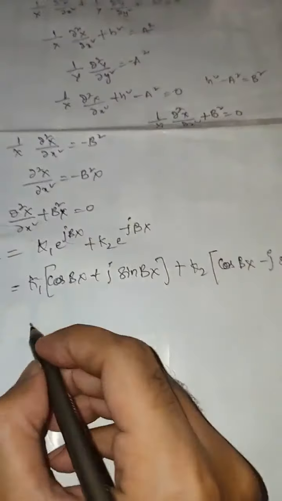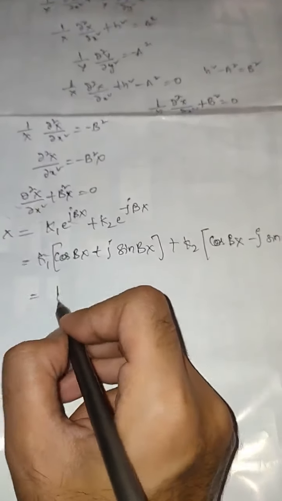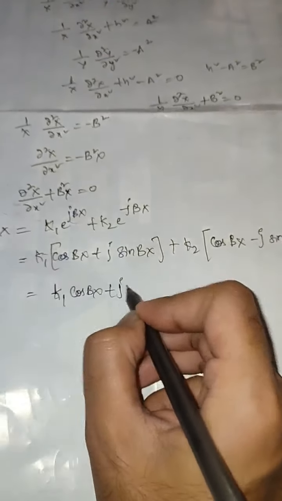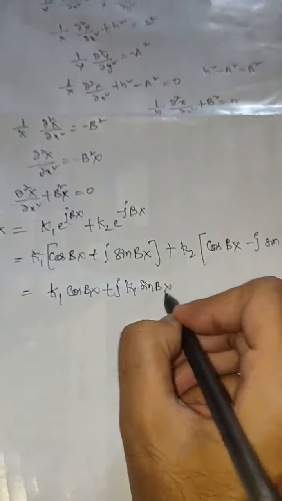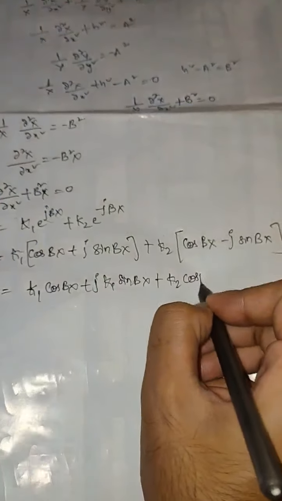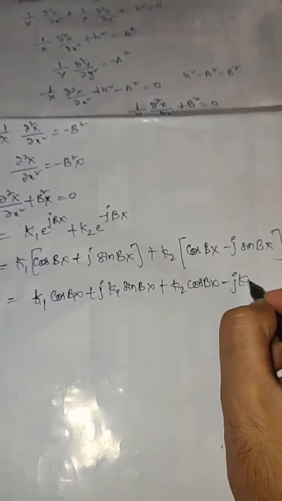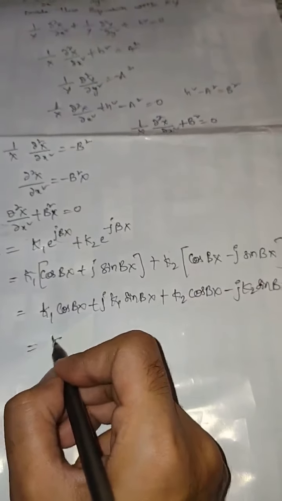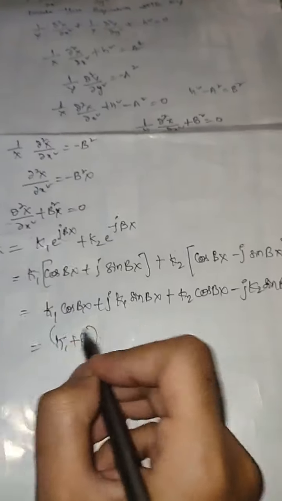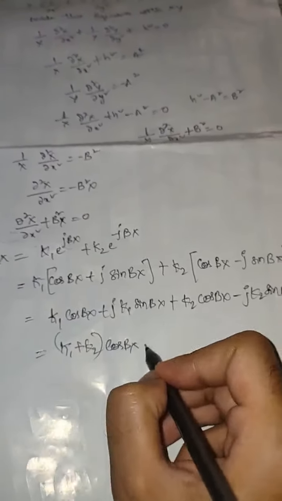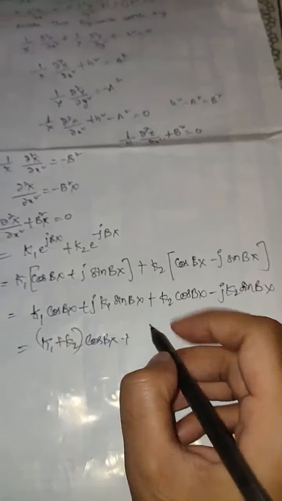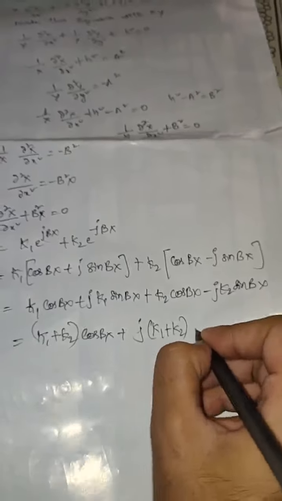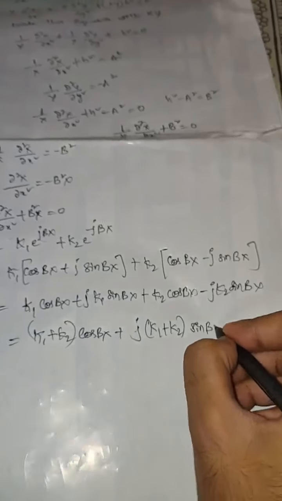Okay, now multiply this expression: k1 cos bx plus j k1 sine bx plus k2 cos bx minus j k2 sine bx. If you take cos bx as common, you will get k1 plus k2 cos bx. If you take j sine bx as common, you will get j times k1 plus k2 sine bx.